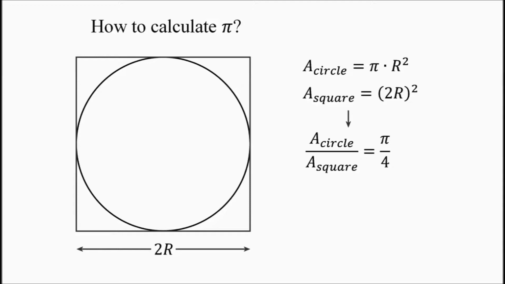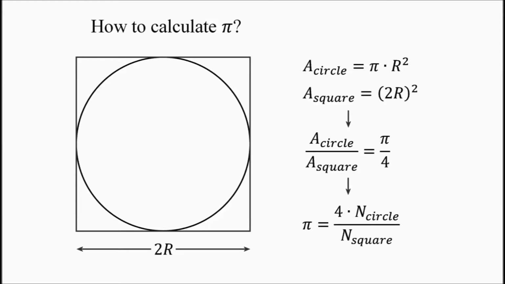But this is exactly where our problem starts, because we cannot just measure the area of the circle. Hence, we have to make an approximation. And in order to make this approximation, the rain that I mentioned earlier comes into the game. Because what we are going to do is we admit that we cannot measure those two areas, but we can count the number of droplets that hit our surface.